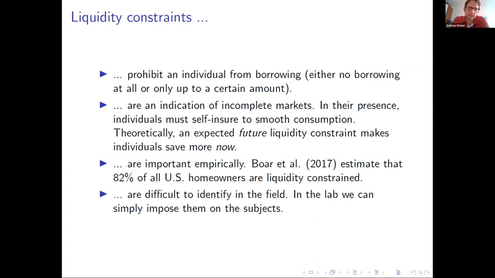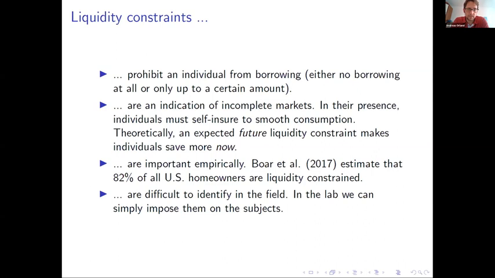When I look at the numbers in the empirical literature, this is just one example: Boar and co-authors find that about 82% of US homeowners are liquidity constrained. You can see that potentially many people are affected. So it's important to examine how people behave under liquidity constraints.